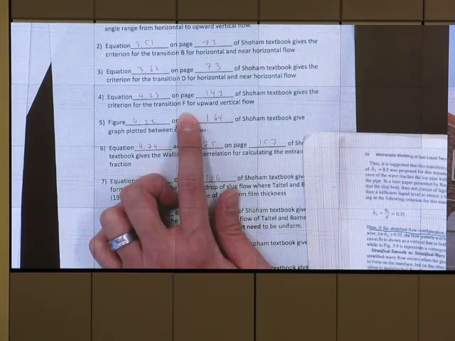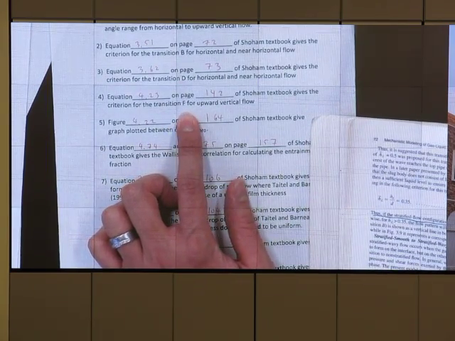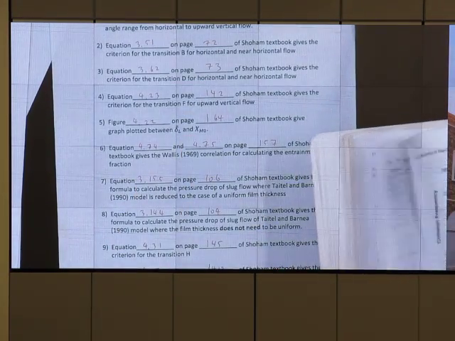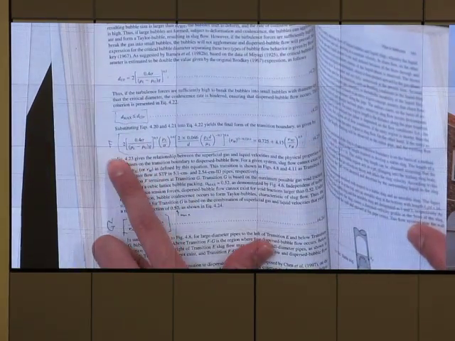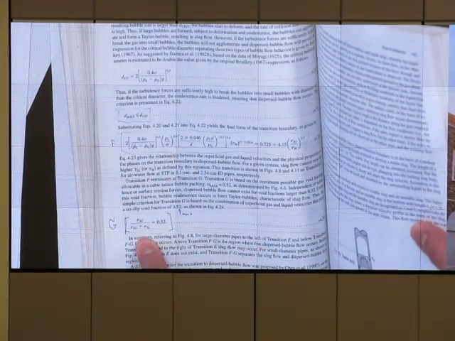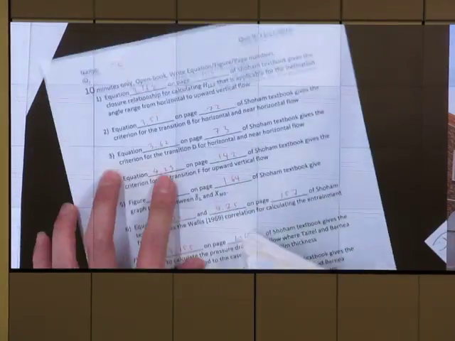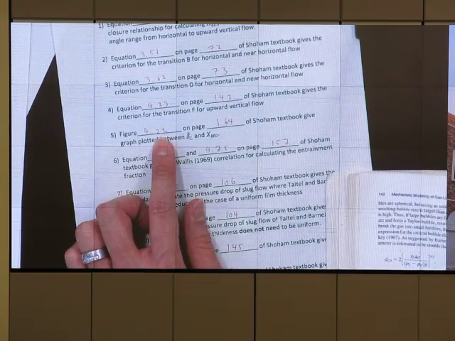So transition F for upward vertical flow, 4.22, page 142. Because I have this as F, and that's a G. Okay. 4.23, 4.22.